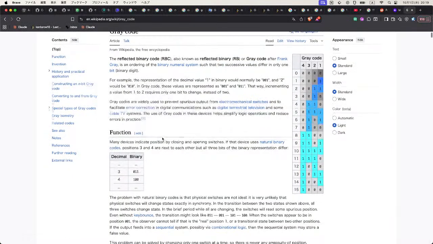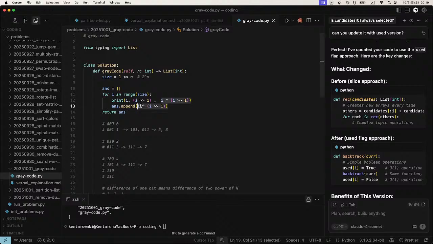Okay, and this is the formula. This is the formula for encoding in gray code. So yeah, I remember this formula.